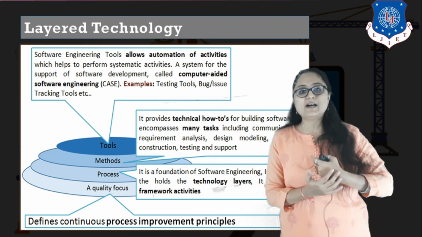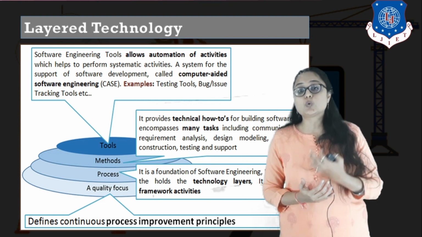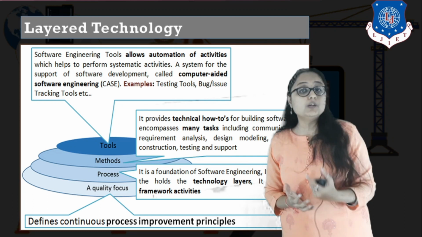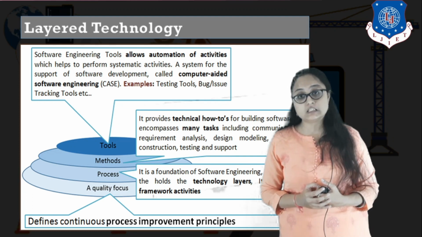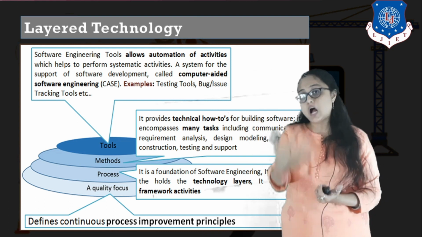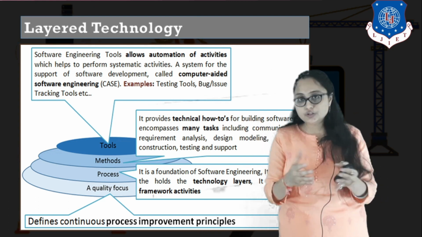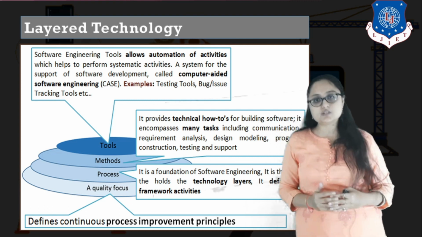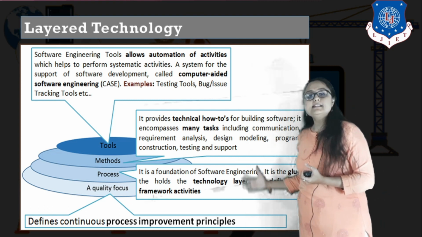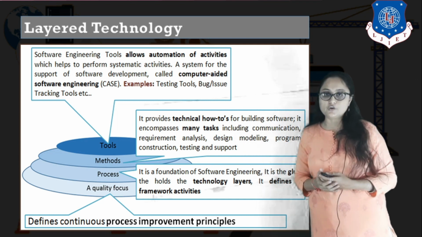So it provides better quality and quicker development, and if you are using these tools and methodology, it means you are following the software engineering standards. That is the layer which developers are going to see, so it is visible to the developer. So these are the four layers of software engineering.